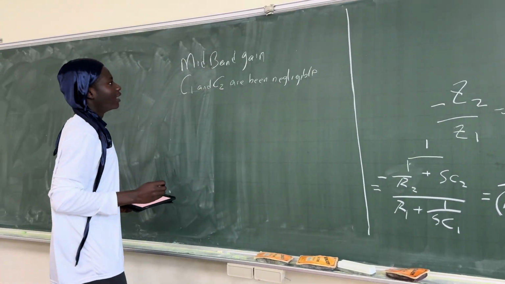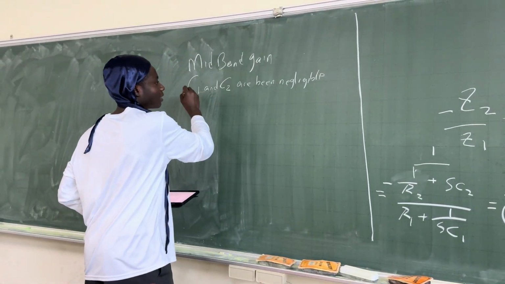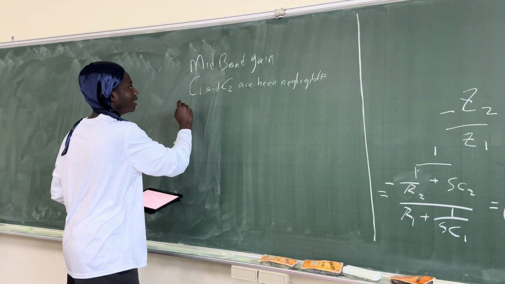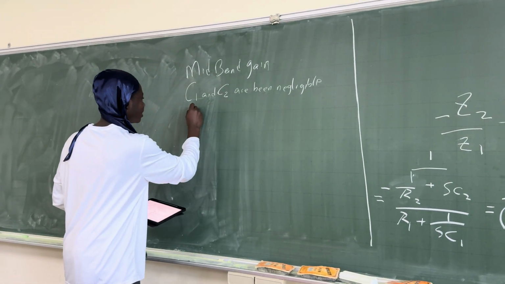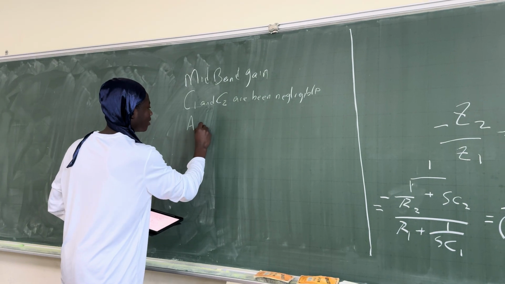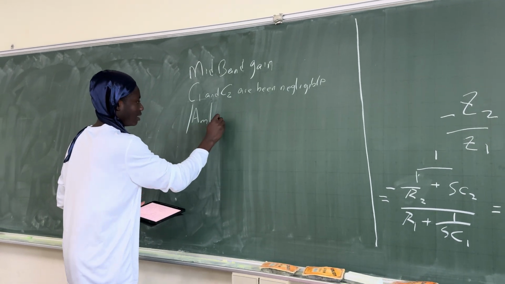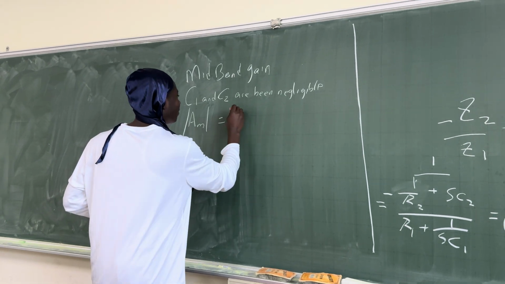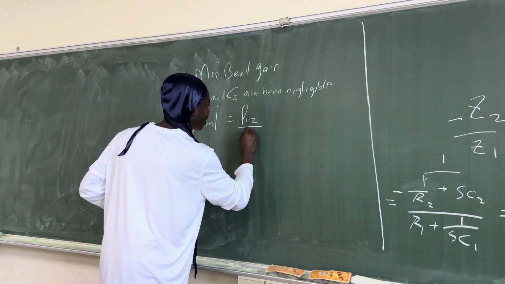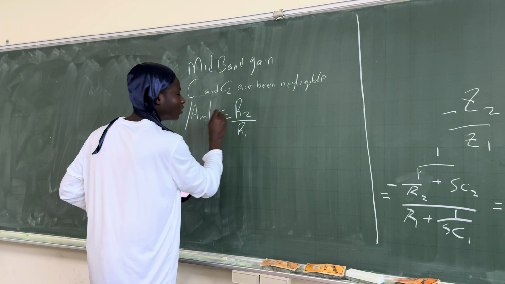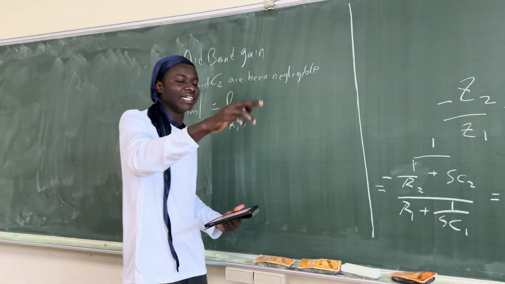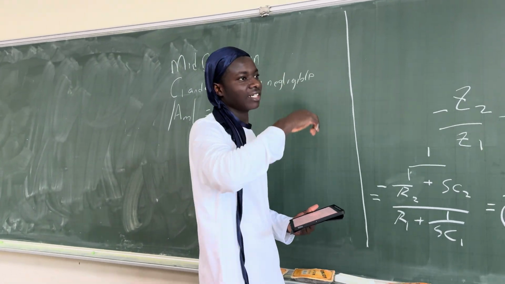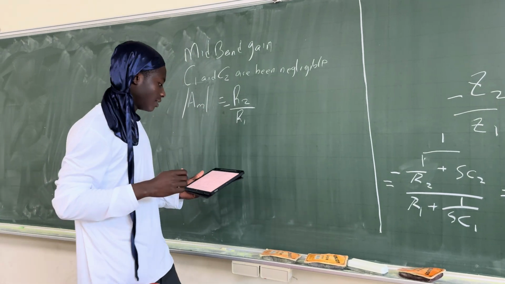So if we neglect capacitor 1 and capacitor 2, the mid band gain, which is AM, equals to what? Equals to R2 over R1. Of course, we need to put the negative because we are dealing with an inverting op amp amplifier.